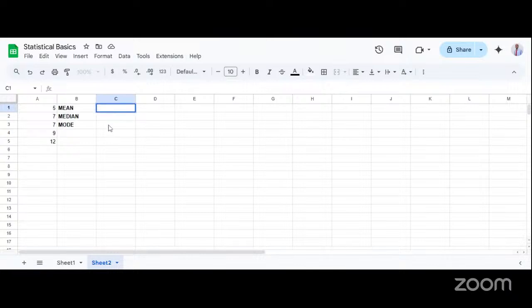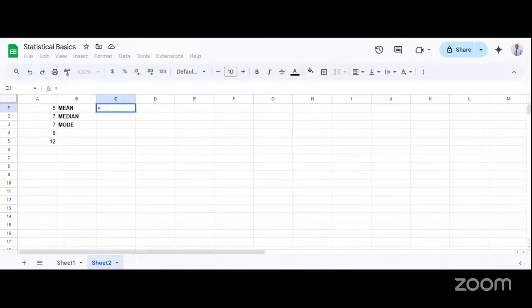So if we wanted to calculate the mean based on this value, we input our equal to symbol. So we say equal to a mean. To calculate mean, we need to sum all the data points in the range together, right? Divided by the number of data points. So the number of data points, let's count: one, two, three, four, five.